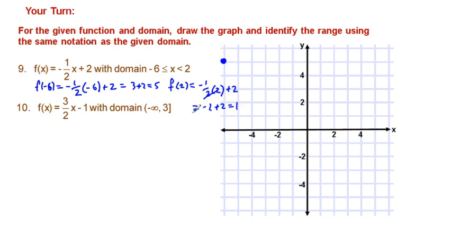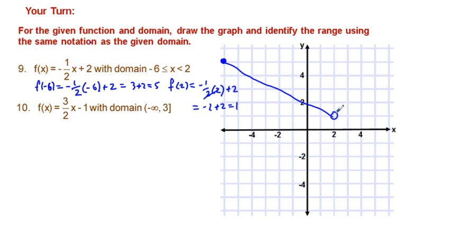So plugging in 2 for x, we get 1, but it's less than, so that's going to be an open circle. So we're talking about this interval here. See if I can get it a little more straight looking. Okay, so that's what it looks like.